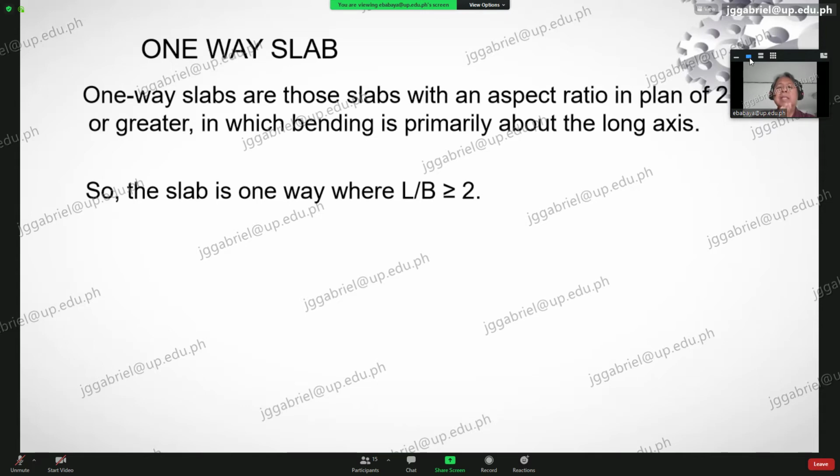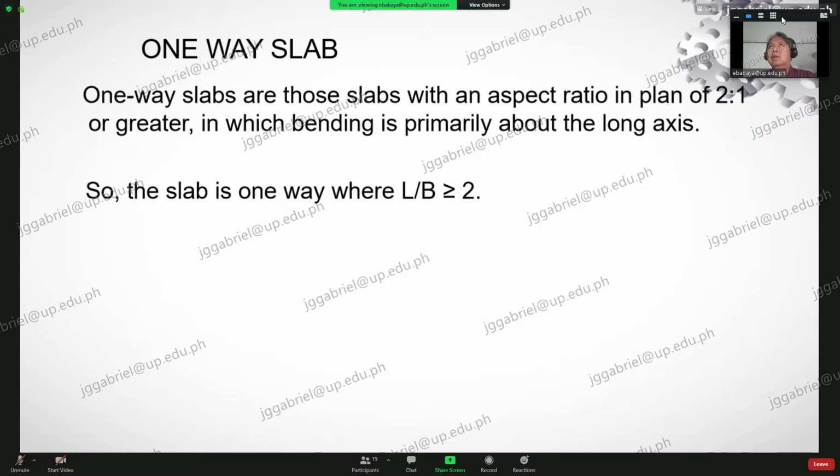In which bending is primarily about the long axis. When I say about, the rotation is about, it means it's turning from the long axis. Okay? I hope you are getting that.